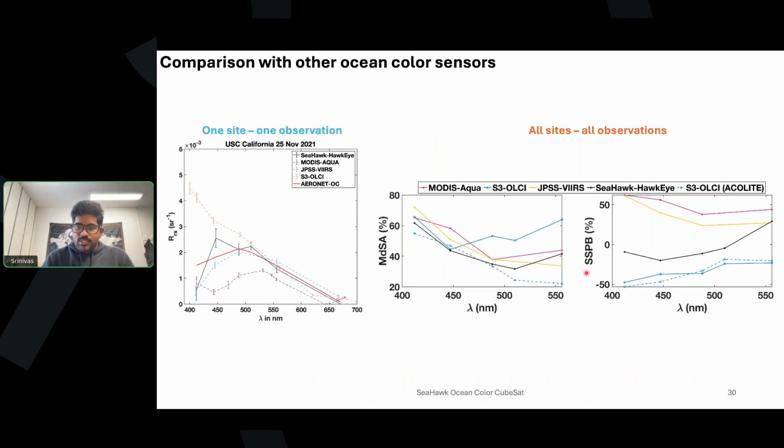SSPB is a statistic which is biased, so it needs to be closer to 0 to indicate higher accuracy. So this sensor, which is SeaHawk Hawkeye, has lower bias as it is closer to 0, which is performing better than other sensors.